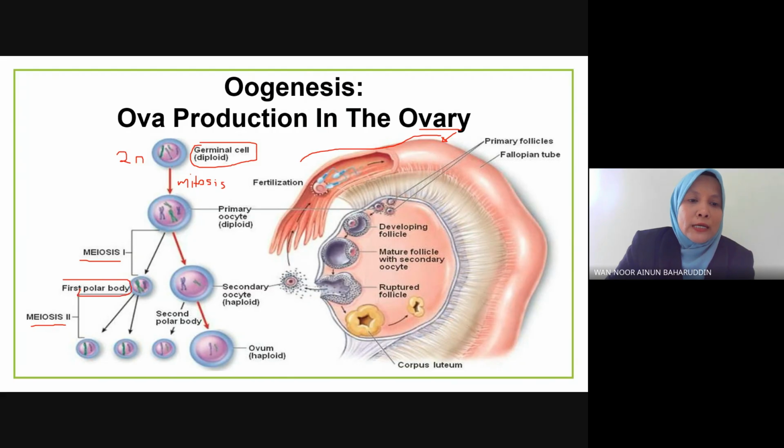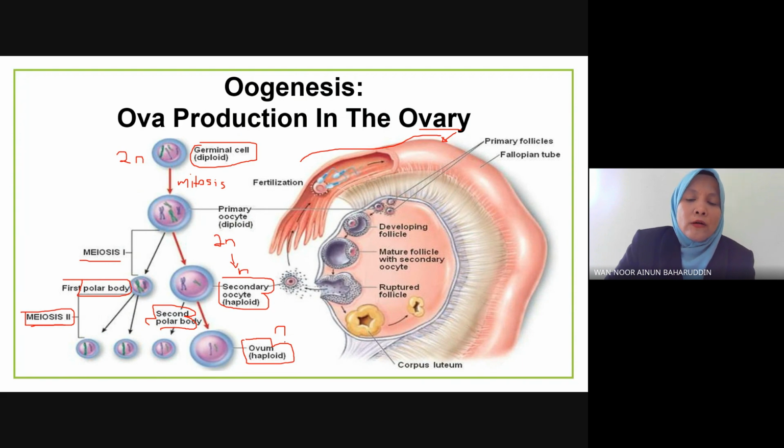The first one is what we call the polar body, and the other is the secondary oocyte, which is now haploid instead of diploid. Then they undergo a second meiosis, meiosis 2, and then they produce a second polar body, and the ovum is now generated. The majority of the ova are haploid in number.